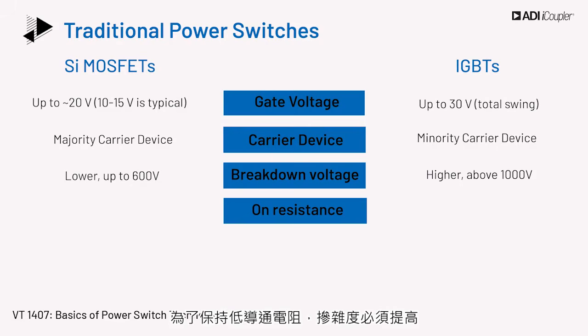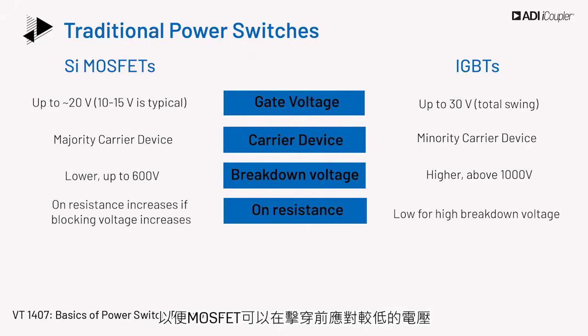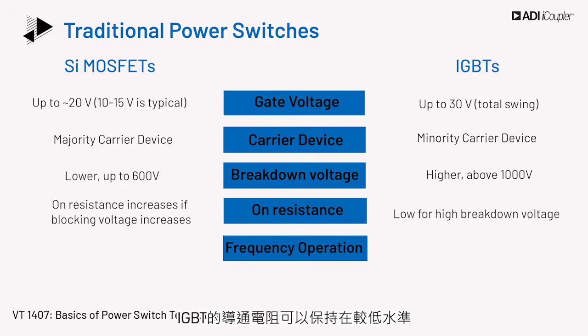To maintain low on-resistance, the doping has to be higher, and hence the MOSFET can handle lower voltage before breakdown, whereas the on-state resistance for the IGBT can be kept low due to the conductivity modulation, which is the injection of minority charge carriers.